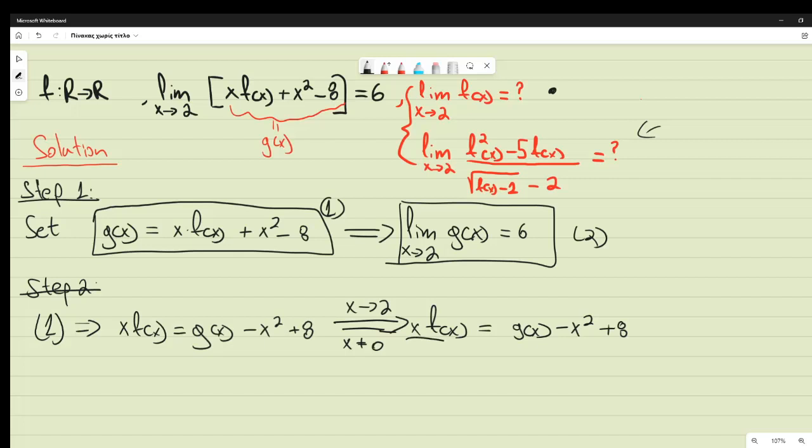This is what we did here, in case you didn't understand. We divide by x, and we will have this function over here. So we found the function f.